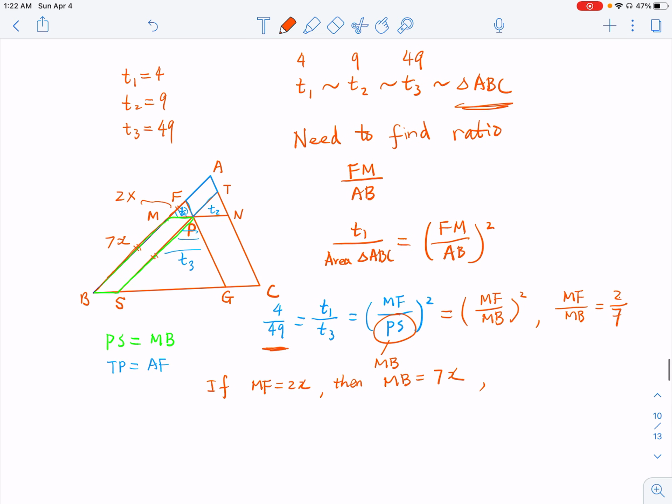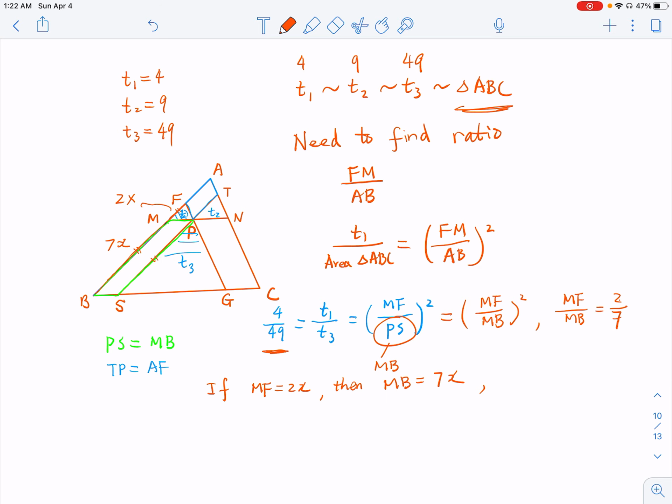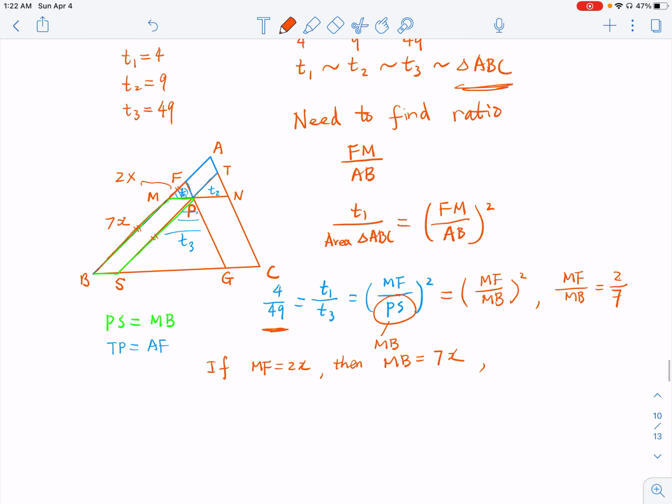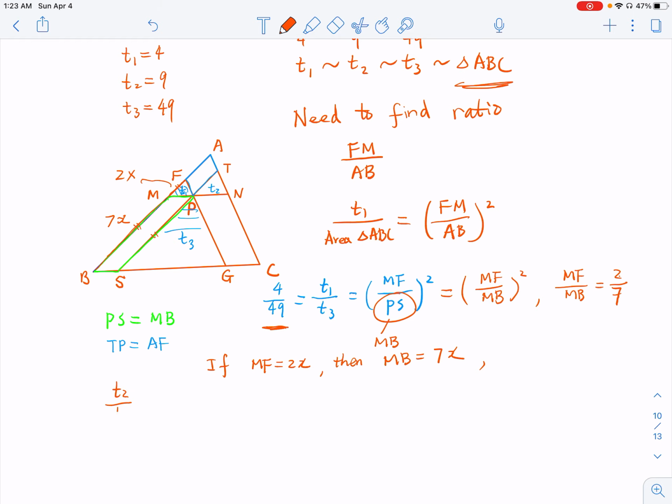Now similarly, what is the area of T2 over T3? We're given that the ratio is 9 over 49, right? So T2 over T3 is the corresponding side squared. This is the property of similar triangles. We are given that T2 is similar to T3 here, so the corresponding sides would be TP over PS.